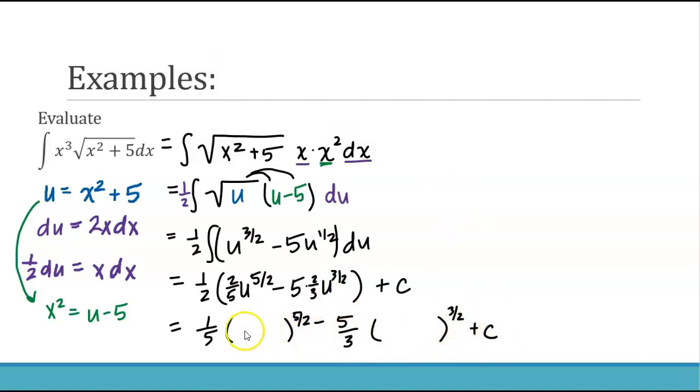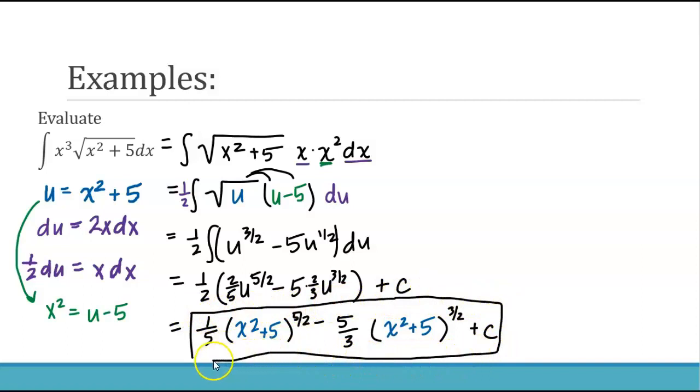And plugging that u back in, we get x squared plus 5 as our original u. So here is my general antiderivative.